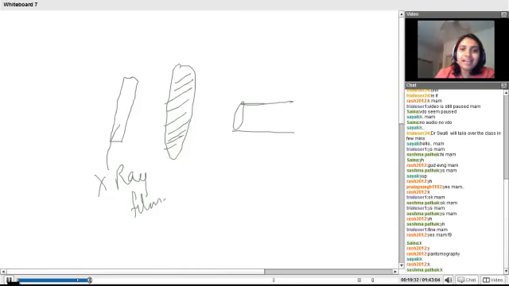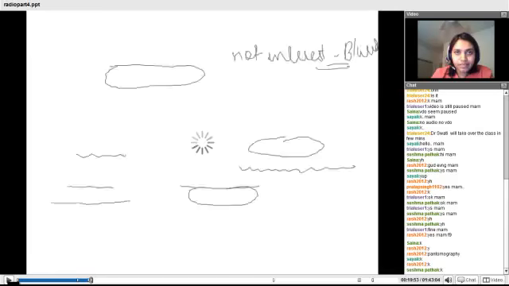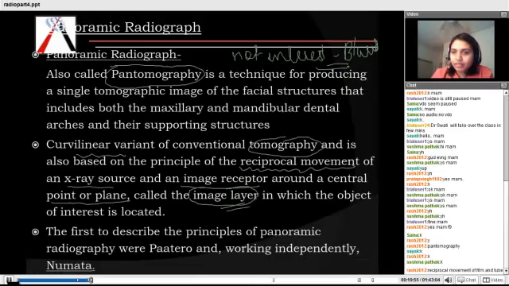What is happening is we are moving this around the image that we want to record, and because of this movement we create an image of the object of interest. Our objects of interest lie inside a plane which is called the image layer. Yes, it's a reciprocal movement of the film and the tube around the object. Now how does that work?